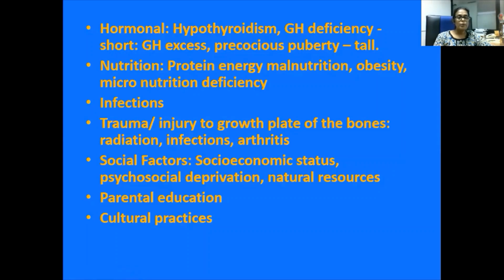Parental education: educated parents may know how to use their limited resources. Even if they are poor, they will know what is best to give their children. Then cultural practices: certain foods are not accepted and certain foods are preferred, and those also can affect the child's nutrition.